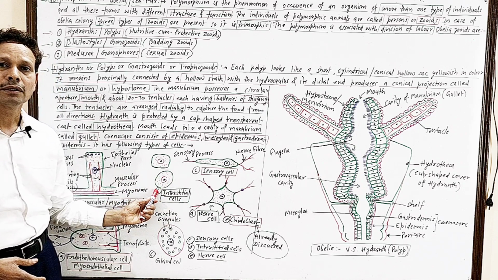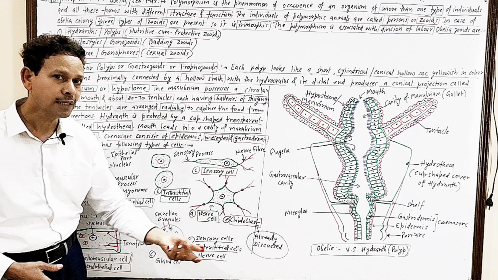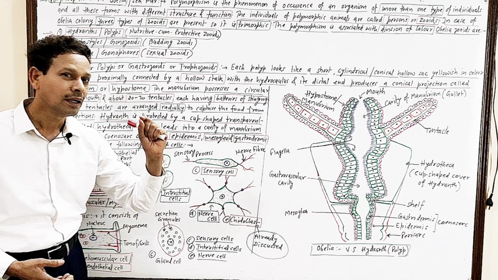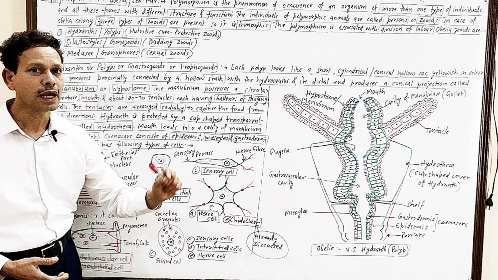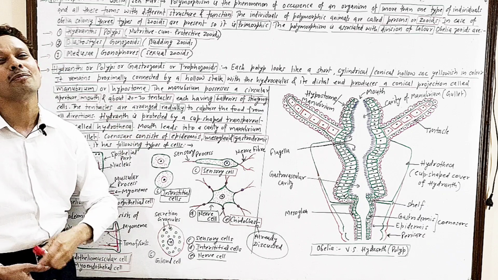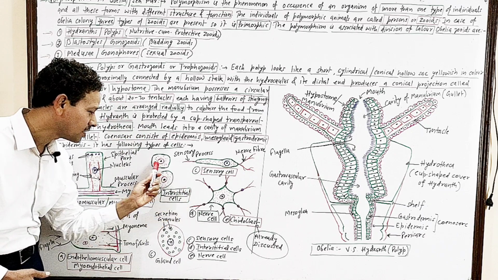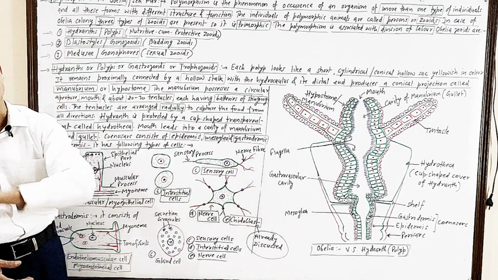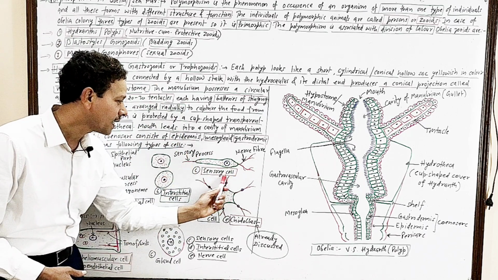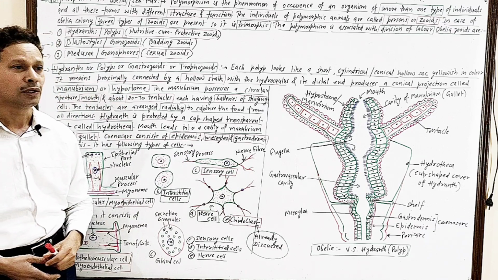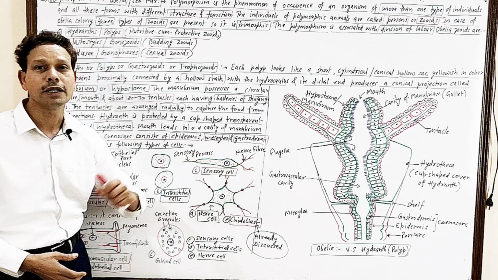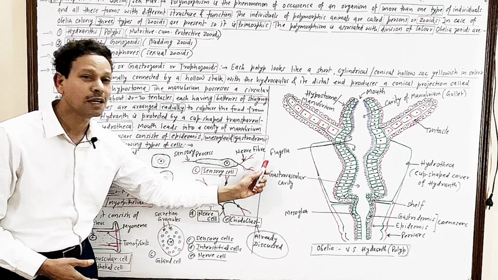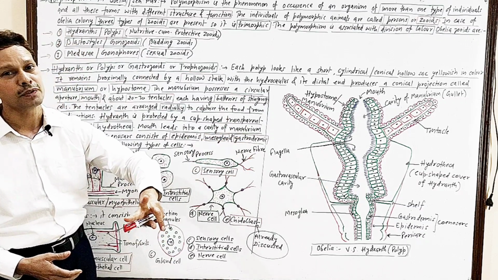Next type, interstitial cells. These are reserve cells, meristematic cells, totipotent cells, means these cells are capable of giving rise to and replacing other cells. The third cell is the sensory cell. Each sensory cell is elongated, spindle shaped, possesses a sensory hair, and its basal part possesses nerve fibers.